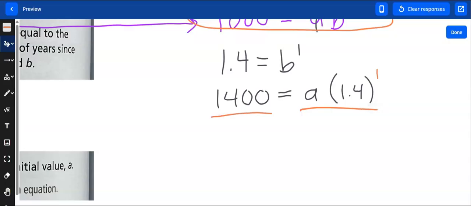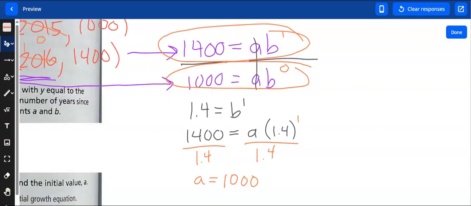What should we divide both sides by? 1.4. So what's A? You need a calculator if you don't know. $1,400 divided by 1.4. I heard you say louder. 1,000.